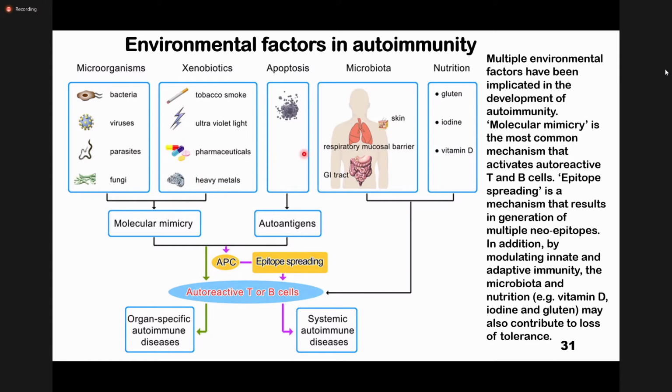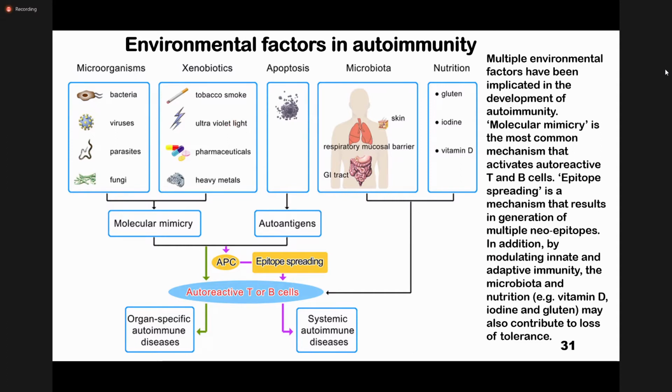Apoptosis also sometimes causes autoimmunity. And there is the microbiota in our gut, respiratory system, or skin, and nutrition, the food that you take. We will look into each later. Just understand here the environmental factors that cause autoimmunity: microorganisms, xenobiotics, apoptosis, microbiota, and nutrition.